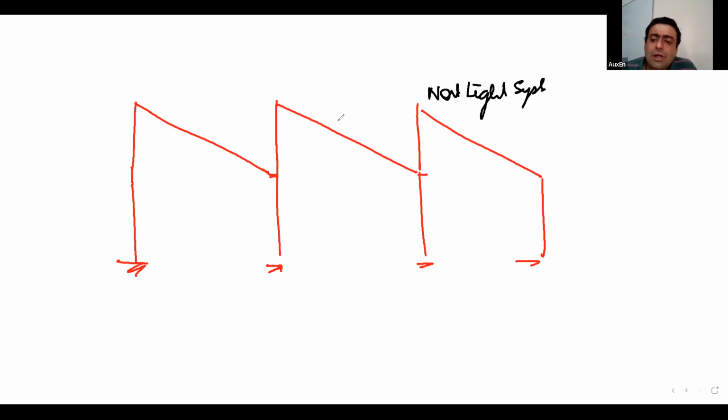Why do we call this a north light? Because over here we will give some ventilation arrangement. So here there will be ventilation arrangements on this face, and this face points to the north direction.